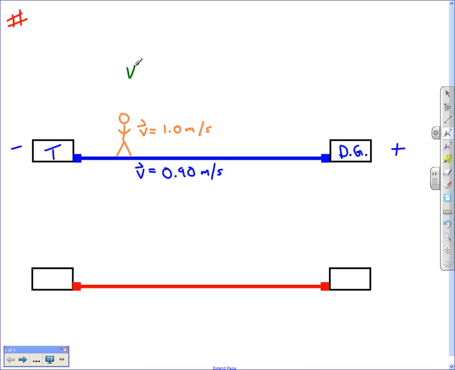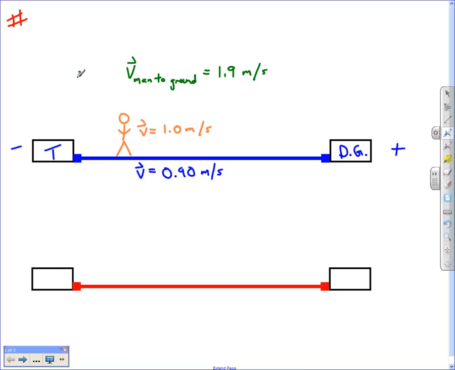The velocity of the man to ground is 1 meter per second plus 0.90 meters per second, which is 1.9 meters per second. So that was the first part.